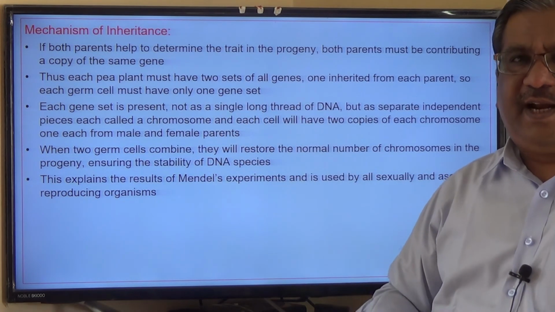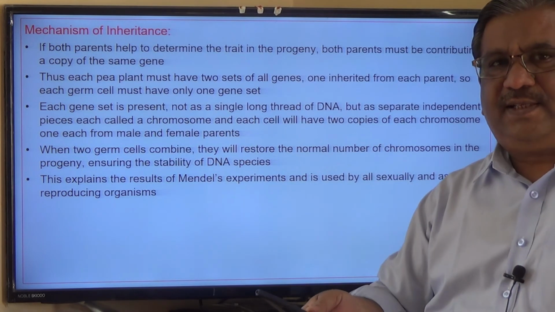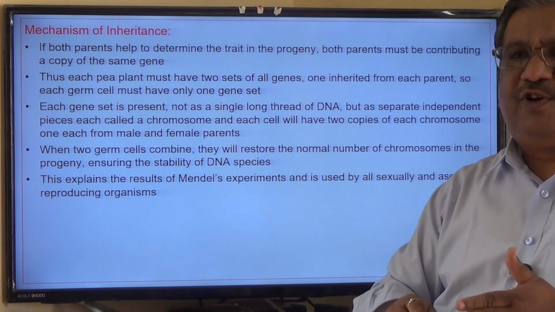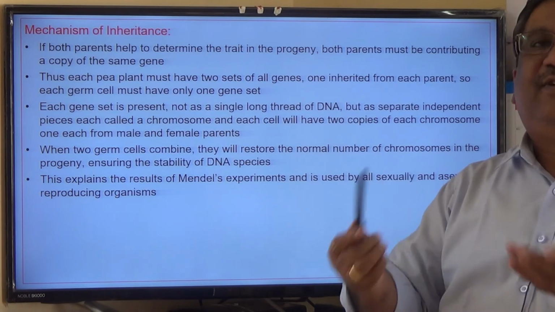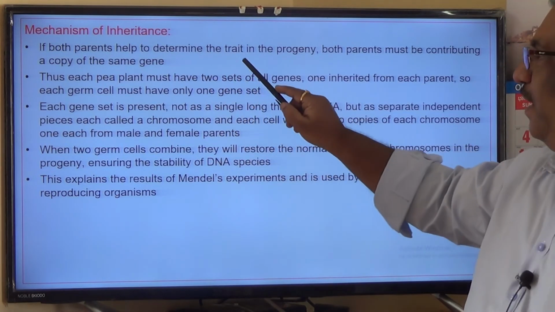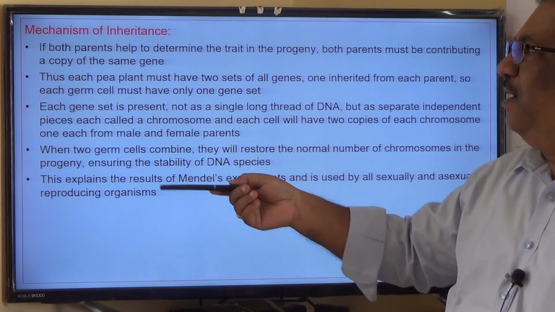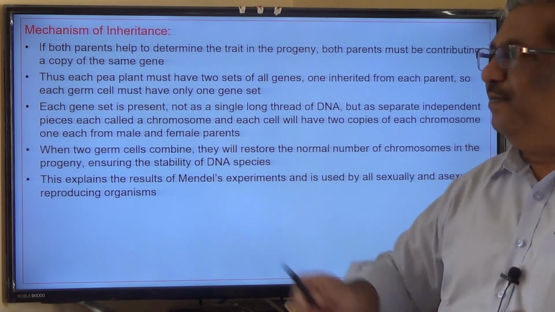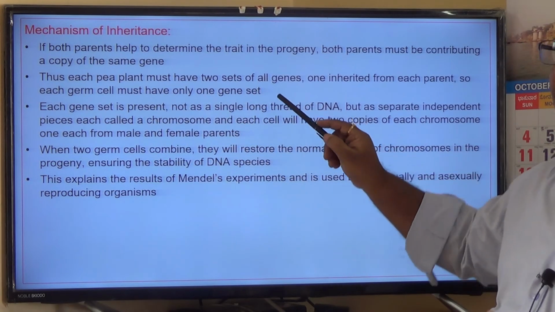If tallness is a trait, then both the parents must contribute a particular type of gene, that is the tallness gene. So if both parents help to determine one particular trait, then both parents must be equally contributing a copy of the same gene.